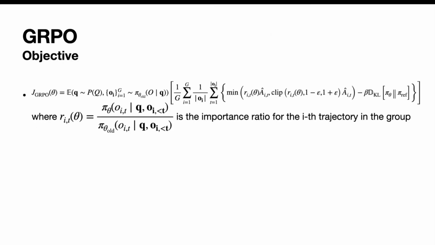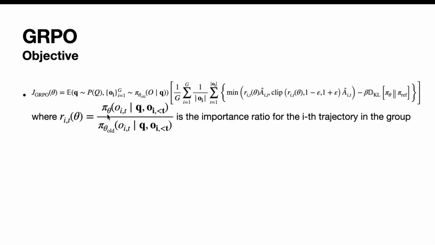The GRPO objective is very similar to the PPO objective, but adapted to the group setting. Instead of sampling one answer from each prompt, we sample a group of G answers from the old policy pi theta old. And then, for each answer in the group and for each token in that answer, we compute the importance ratio r_it(theta).